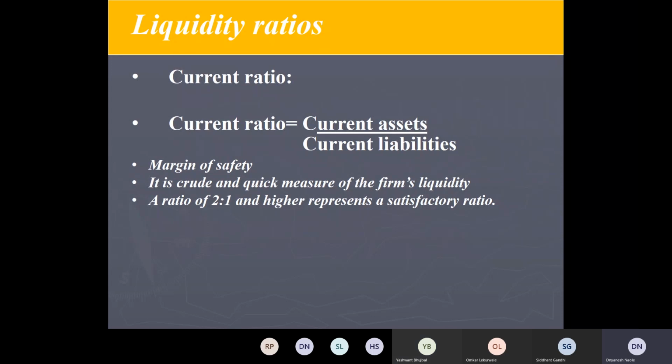Now one thing you should remember: current assets may decrease in value, but the same is not true of current liabilities. Current liabilities do not increase or decrease in value with time. For example, inventory. If you keep your inventory for a large amount of time, what will happen? It will lose some value, we say shelf life.